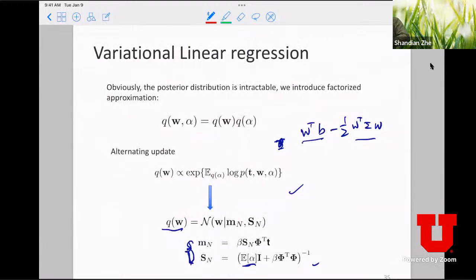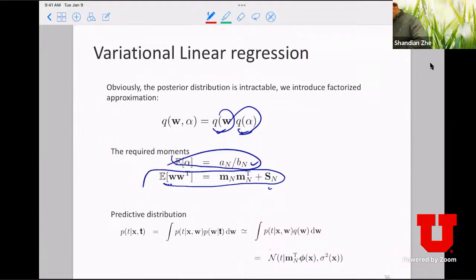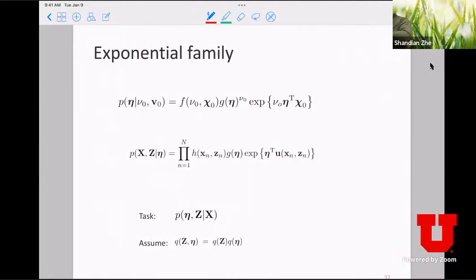Okay, now we want to introduce more general mean field variational updates in the so-called exponential family. We emphasize the exponential family because it's so important. Many easy-to-deal-with distributions are inside this framework.